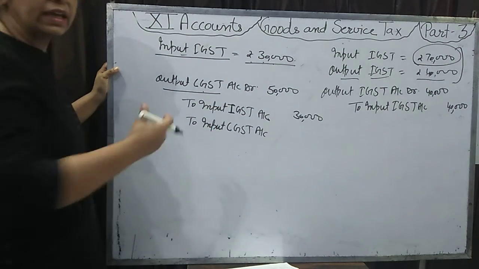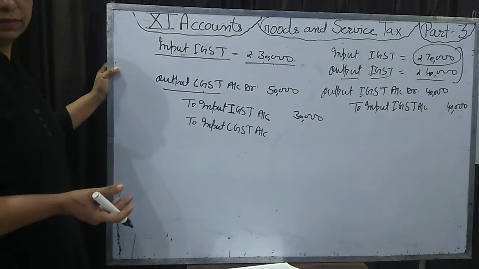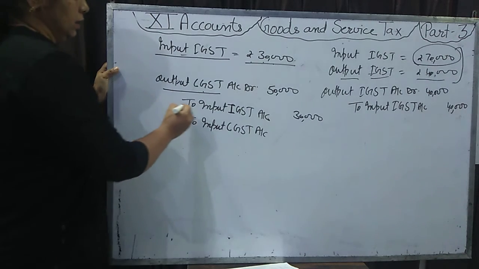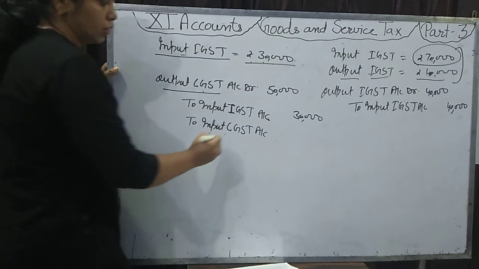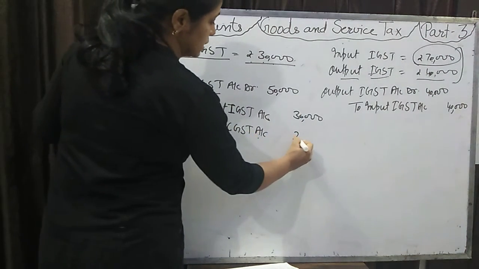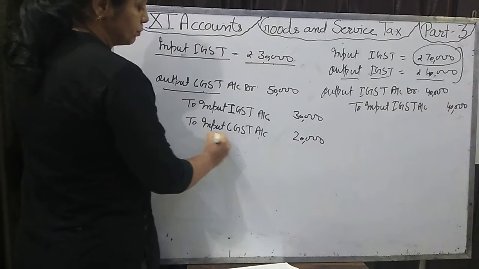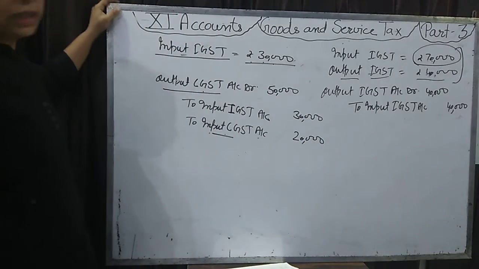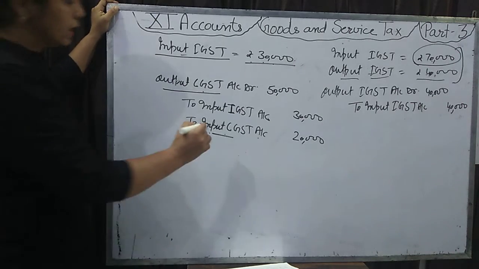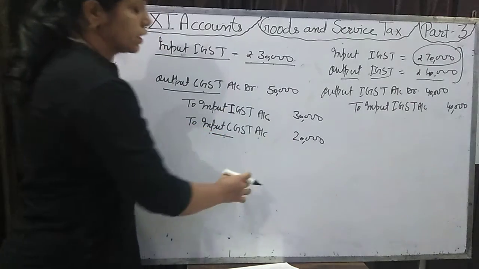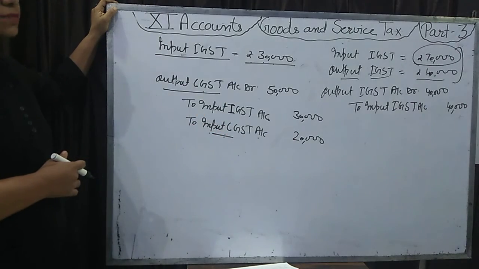CGST balance we can keep for the next year. Suppose we adjust 20,000 of input CGST. If we are having input CGST also 30,000, then 10,000 input CGST we can keep for adjustment in the next year.